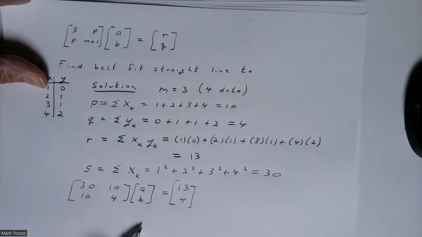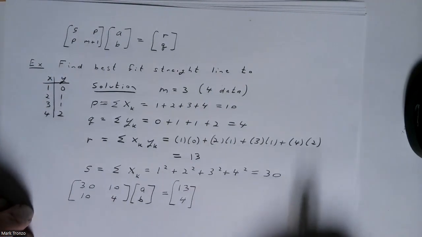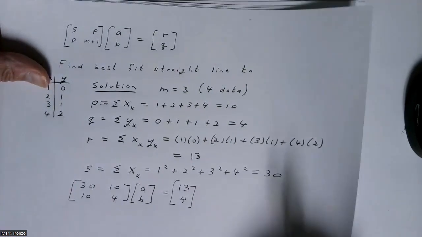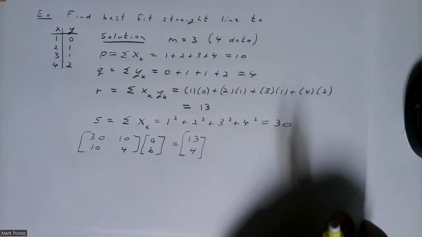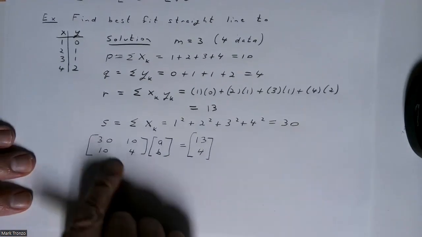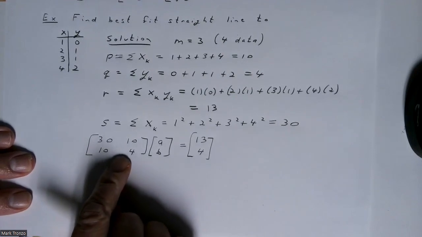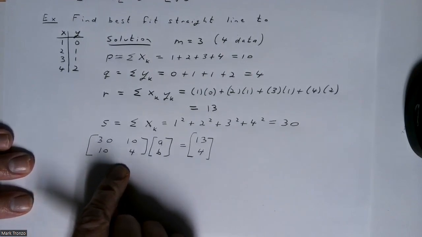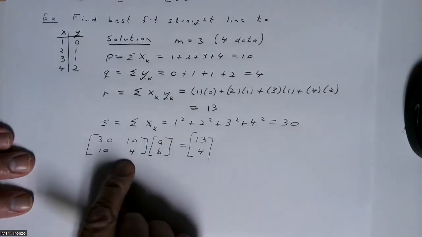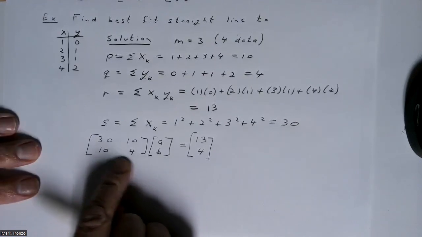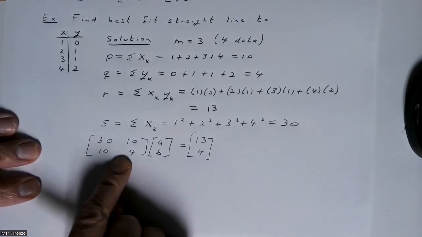There's several ways you could do this. You could use some reduction method. You could change this into equations. There are lots of different ways to solve this. Probably the way I'm going to do it here, I'm going to find the inverse.